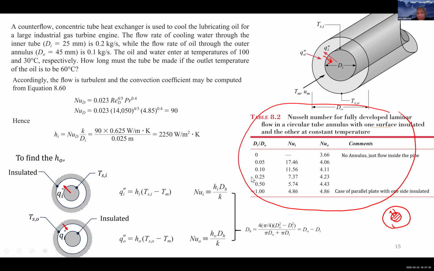But in this table, they're specifying the h_i, the heat transfer like this between the two, meaning the surface and the fluid, as h_i. Okay, and this is what you want, except they use the opposite subscript.